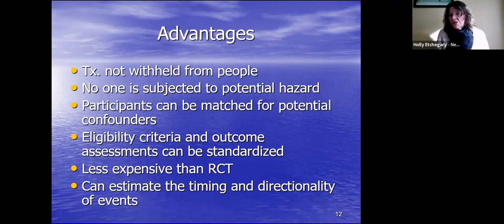So a potentially good treatment is withheld from some people in a trial. Same thing, what about if my cream was actually really bad and had lots of side effects? Then I would be exposing somebody to a potential hazard. In cohort studies, you're not doing that. As the investigator, the team, you're not withholding treatment from anyone. You're not subjecting anyone to anything terrible. So those can be advantages in a cohort study.